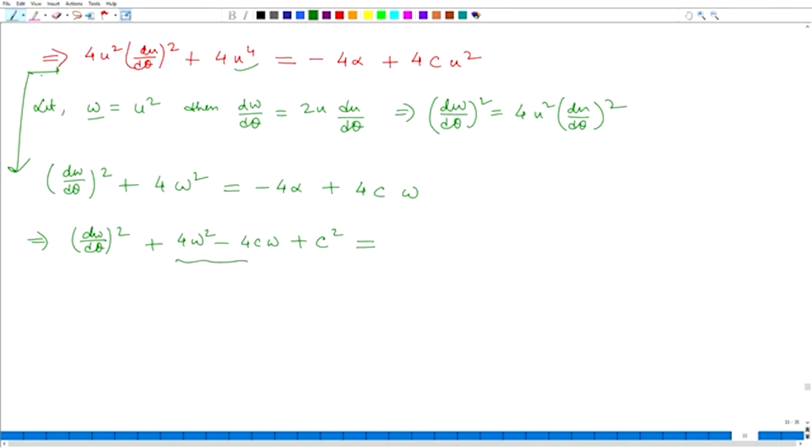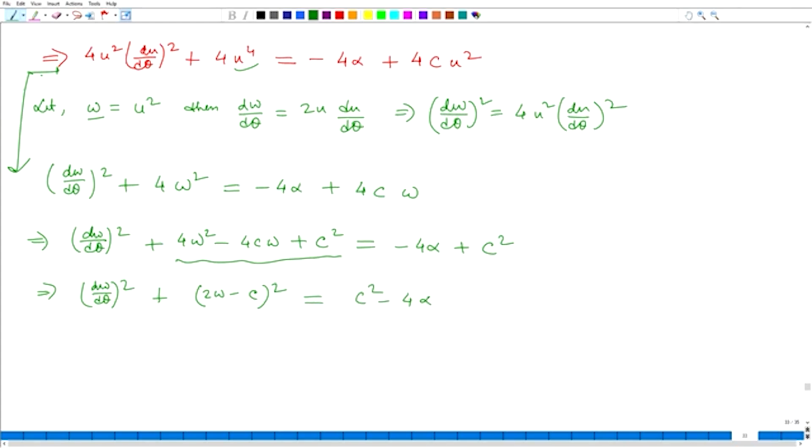We want to make a whole square out of this, and on this side I also add a C². So what does it give me? It gives me (dW/dθ)² plus (2W minus C)² is equal to C² minus 4α.